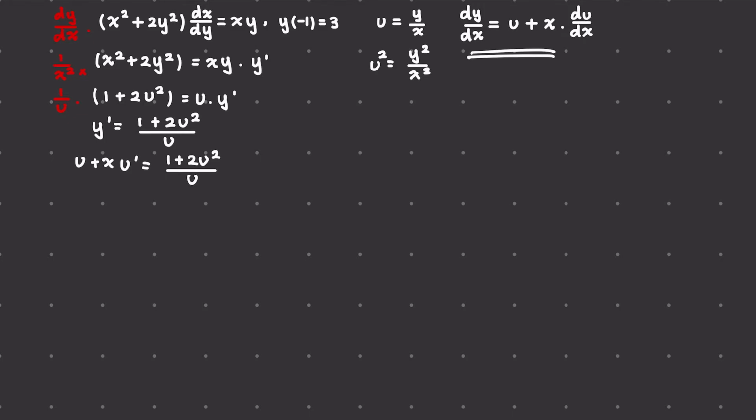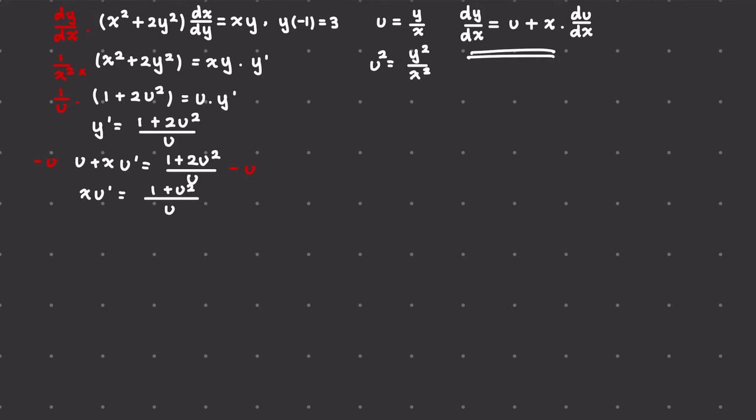And so let's subtract both sides by u, the left hand side and also the right hand side by u. We will get x times u prime equals 1 plus 2u squared over u minus u over 1. And if we make the same denominator, we get 1 plus u squared over u.